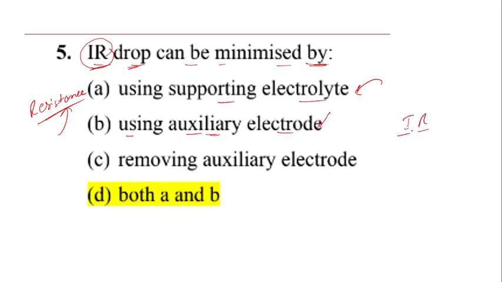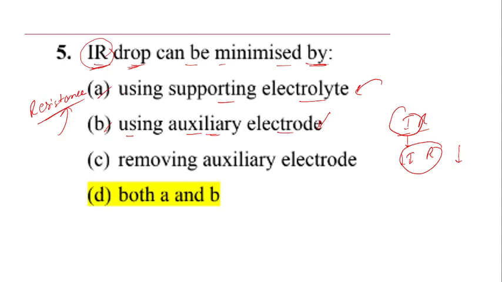I into R. If you are reducing I, then R will remain constant, so overall this value will decrease. So by this way also you can decrease your IR potential. What you are doing is reducing I. So obviously A and B are the correct answers.